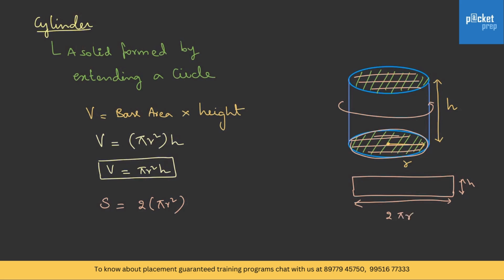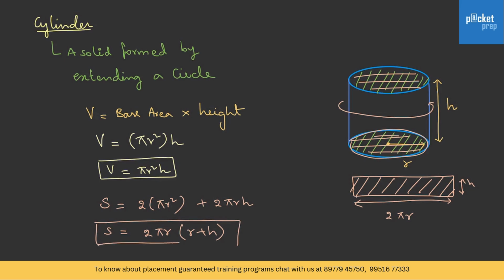Now when we know this length and the height, this is basically a rectangle, therefore I can calculate the area as the length into breadth, that is 2 pi r into h. In this we can take the 2 pi r common, then we are left out with r plus h. So this is the formula for surface area for a cylinder, 2 pi r into r plus h.